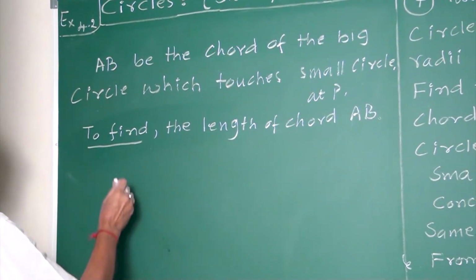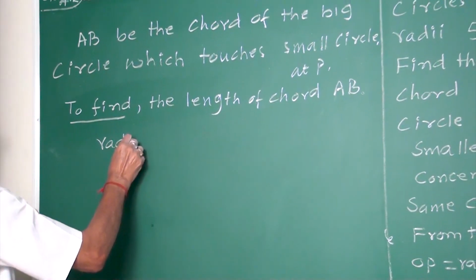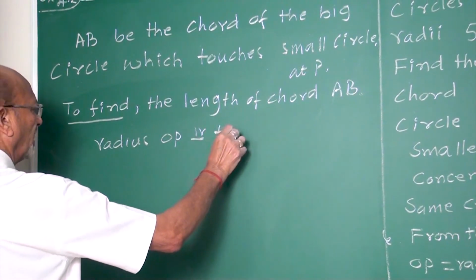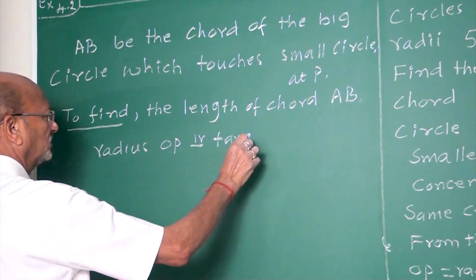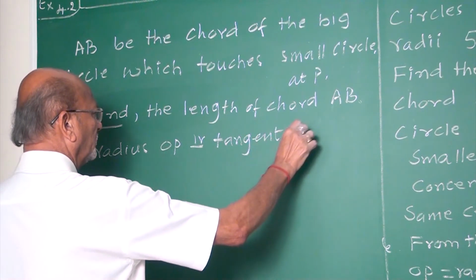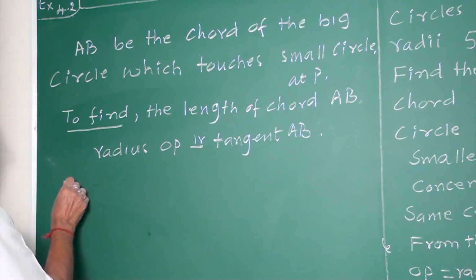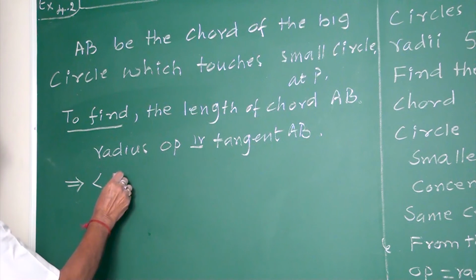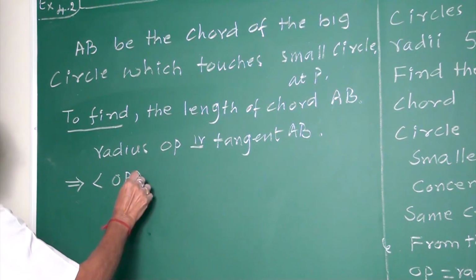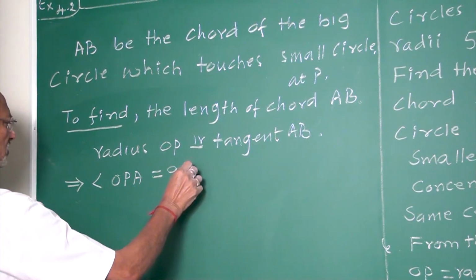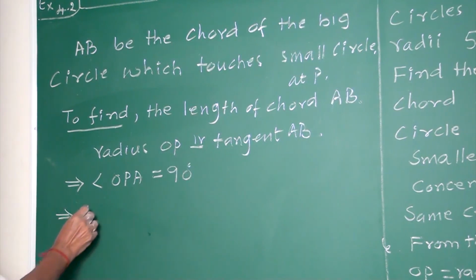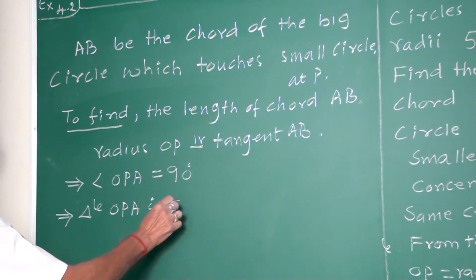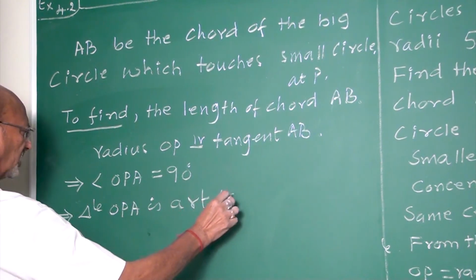Once again, radius OP is perpendicular to tangent AB, which implies angle OPA is 90 degrees. This implies triangle OPA is a right angled triangle.